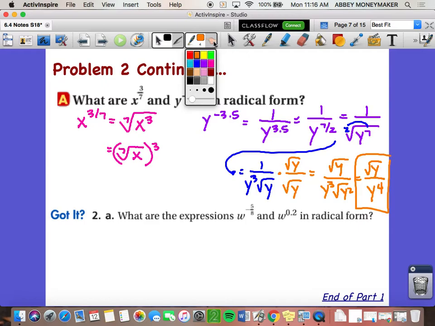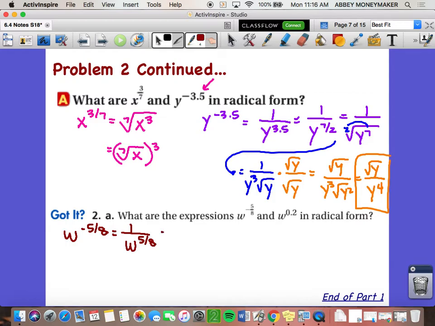All right, with that same topic, let's try these at the bottom. I have w to the negative 5/8. So again, let's go ahead and change that to w on the bottom. And let's see here. We're going to rewrite that as a radical. So we would say 8th root of w to the 5th. And I can't leave that there.